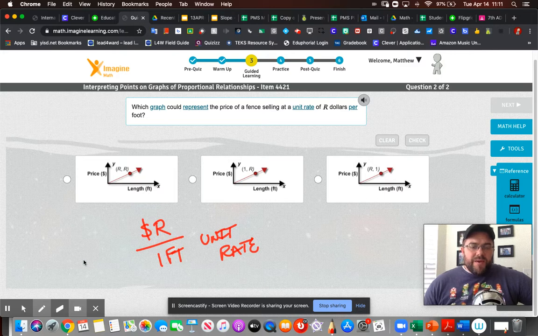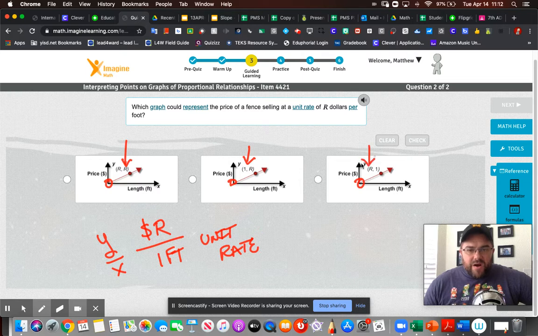Now remember we said with a proportional linear relationship, and notice these graphs all go through 0, 0, it's always y over x. So if I set this up as a point, because look, guys, all of these right here have a point associated with them.